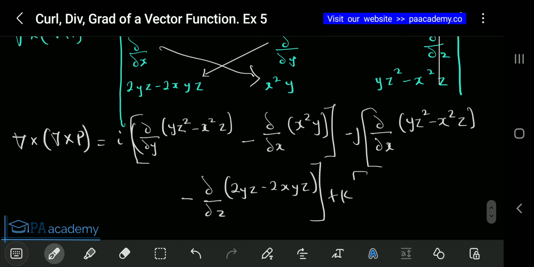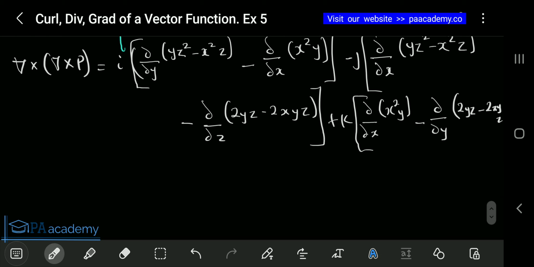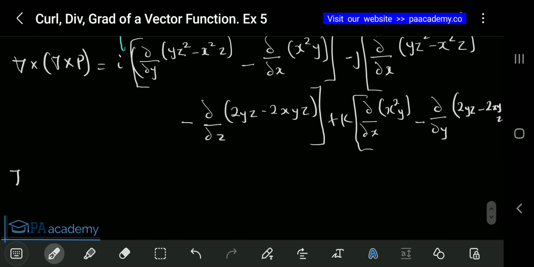So for k now, that will be d over dx multiplied by x square y minus d over dy multiplied by 2yz minus 2xyz. Let me just put this in, minus 2xyz. So let me just put it there like that. All right. So let's tidy this up.